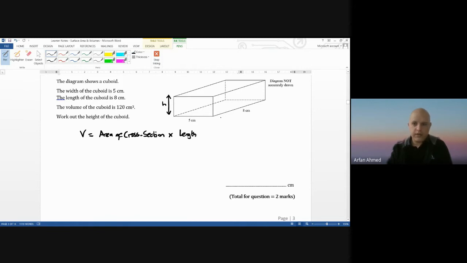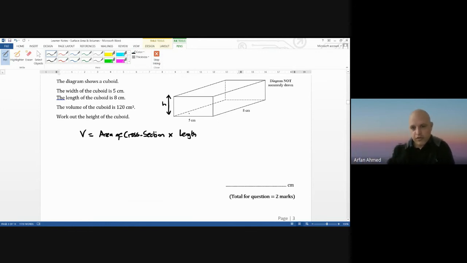That's the length right there. Well, in fact, no, that's not the length. I'll tell you what, for a cuboid, you can use any face as the cross-section. Doesn't matter which way you slice it. Every slice will be the same, whether you slice it from the front, from the top, or from the side, it makes no difference.